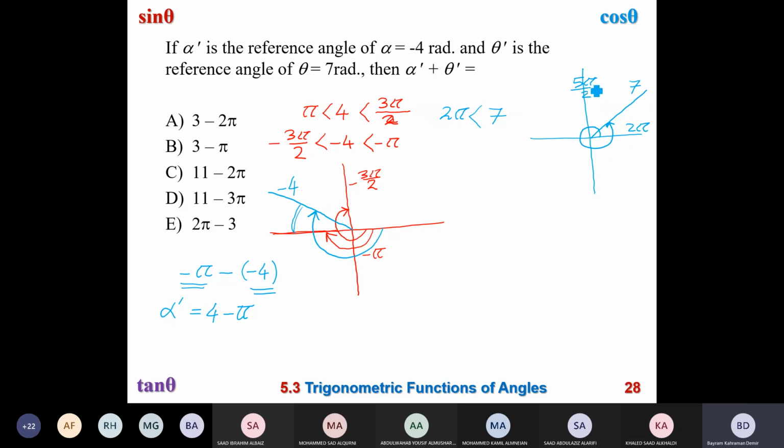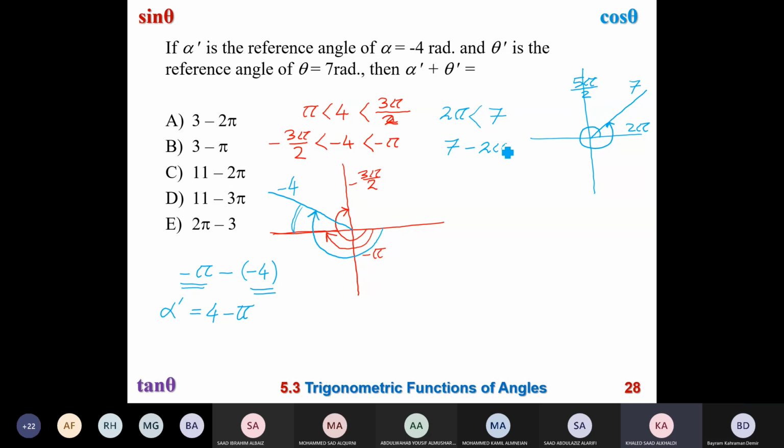Well, 5 pi is approximately 15.something, and if you divide by 2, it's definitely greater than 7. So 7 is less than 5 pi over 2. So it has to stop in the first quadrant. So the difference is 7 minus 2 pi.